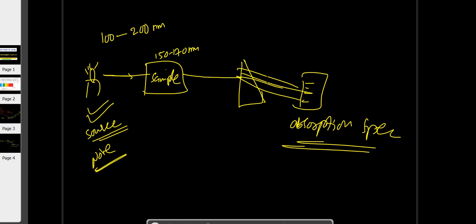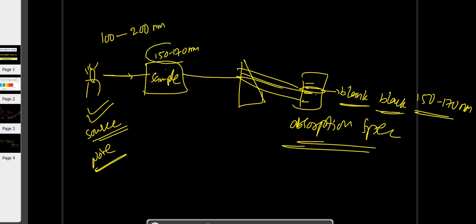So wherever this light is absorbed, one place will become black. This area is blank, which means black color. Why? Which area is that? That is relevant to 150 to 170 nanometer light. The light is not giving any color because 150 to 170 nanometer light is absorbed by this sample.